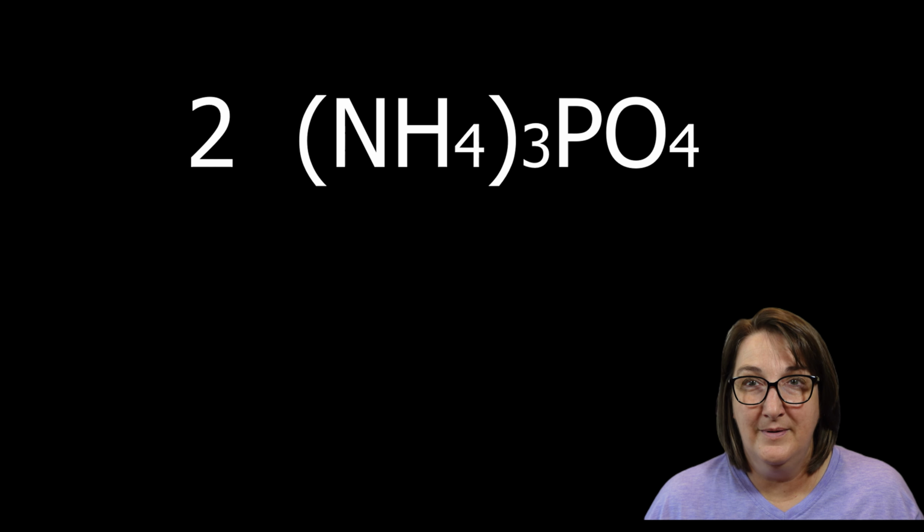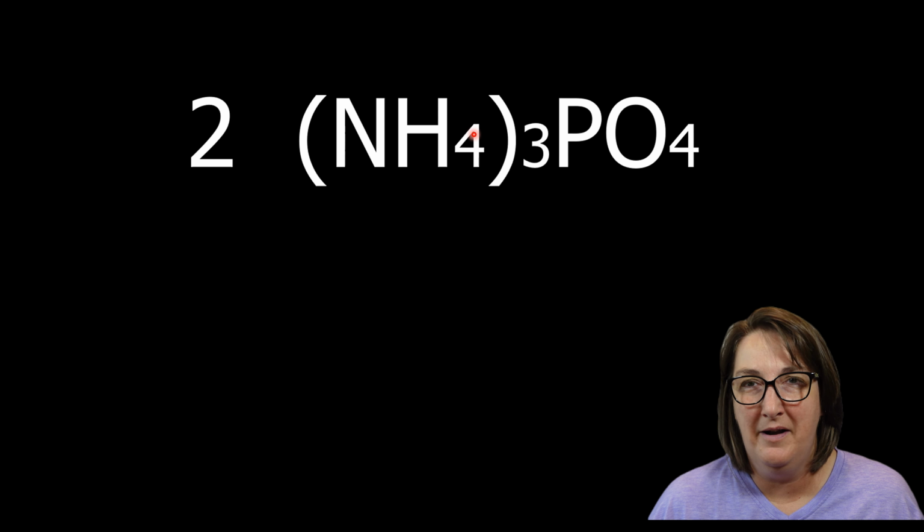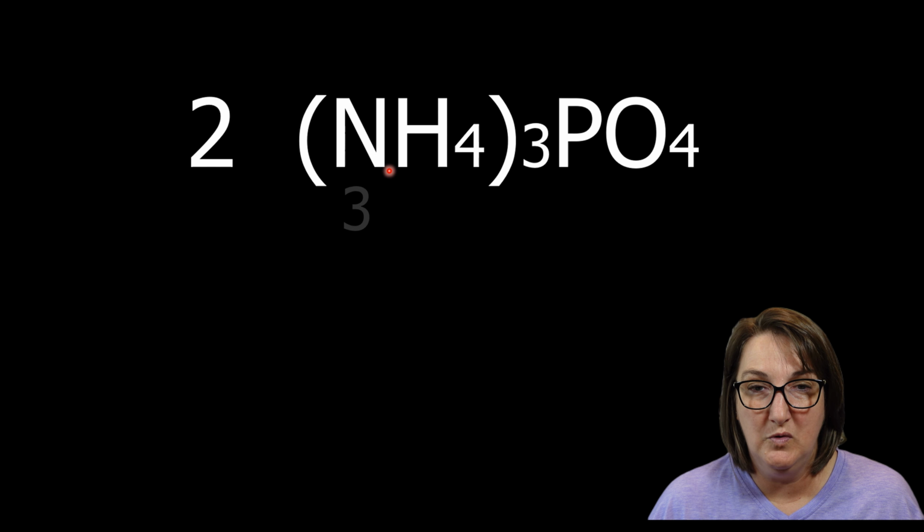All right, try this one. Okay, so this one's a little different. I have my parentheses in the front, right? The other one I had on the end, and it doesn't matter. You're still going to do your parentheses stuff first. Remember, this 3 is telling me I have 3 of these molecules here. So all you're doing is multiplying inside, so do that first. 3 times 1 is 3. 3 times 4 is 12.